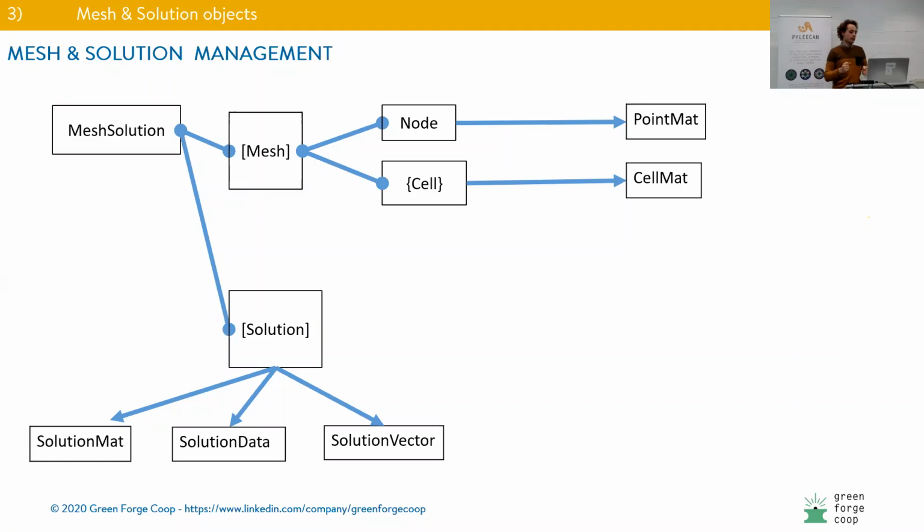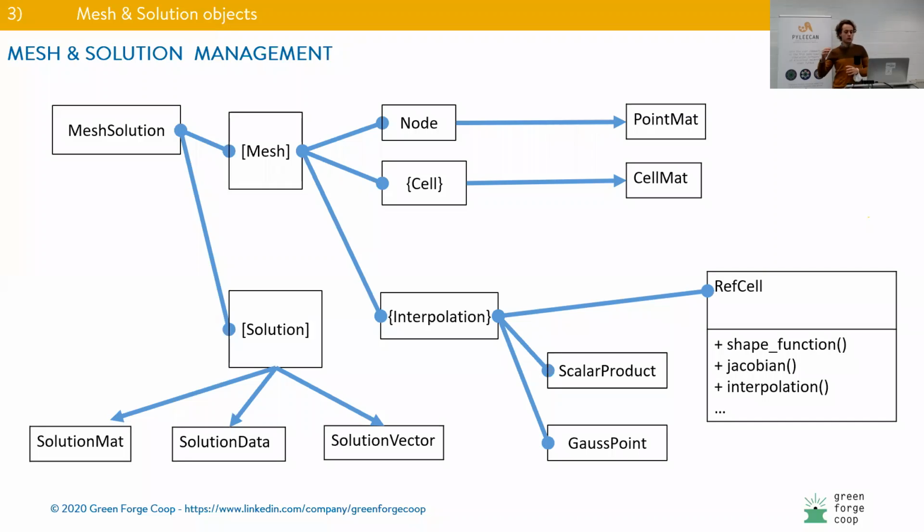Then the mesh contains, of course, the nodes of the mesh, so the coordinates, and the cells, meaning the connectivity. For the moment, we have defined PointMat and CellMat objects, which work the same way as SolutionMat, so you only store some matrices. But if you have better ideas to propose, you can define more general node and cell objects, or even a more general MeshMat object.